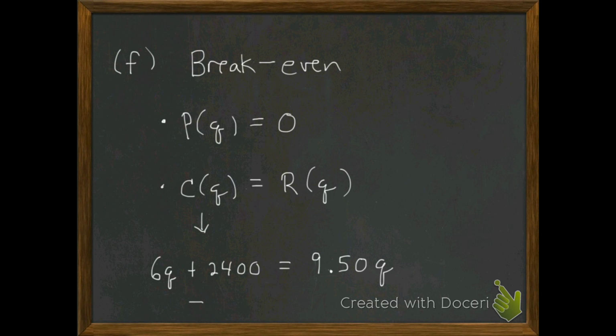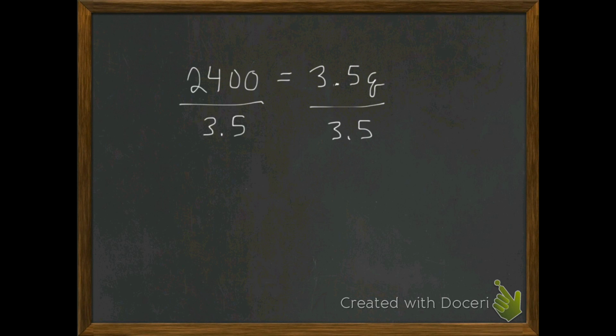So guys, I would want you to subtract 6Q from both sides. So let's go to the next screen. So we're going to have what? 2,400 equals 3.5Q. I think. Yes, obviously, next thing we do is divide both sides by 3.5.